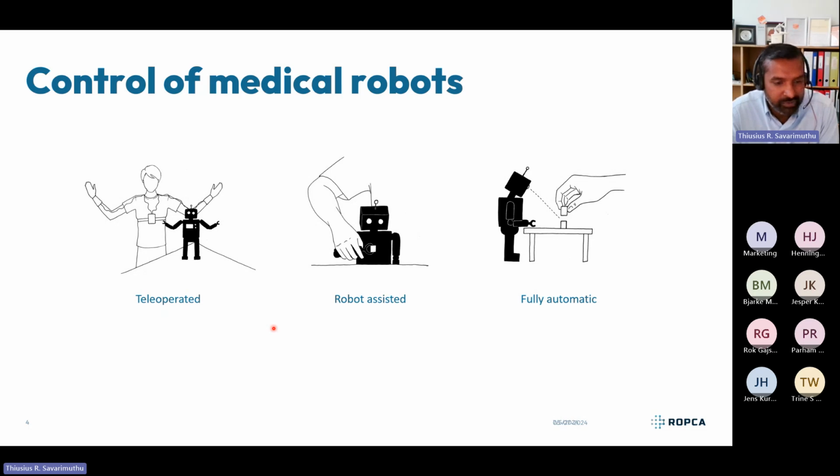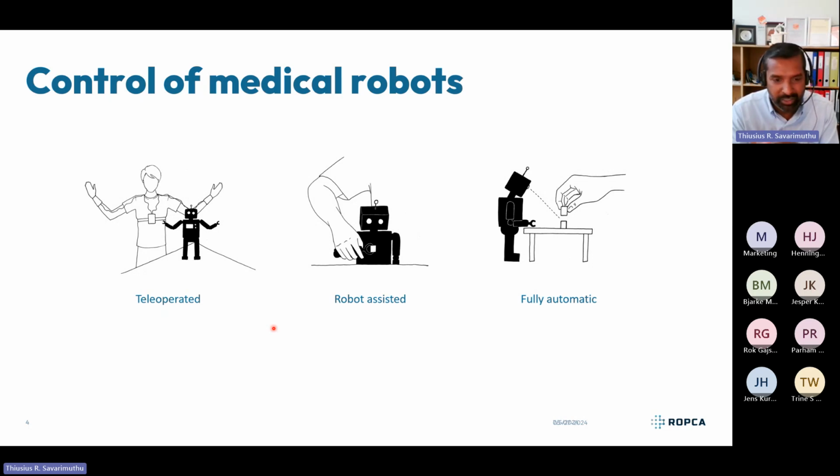Another use case could be, for instance, robots used to place screws or take biopsies. Here we also have typically a robotic arm holding a guide to the placement of the screw, or for the biopsy needle to pass through.